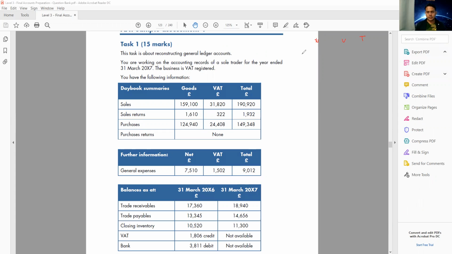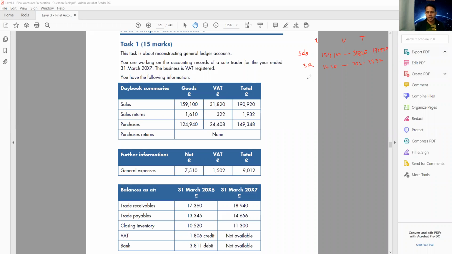Sales: 159,100, VAT 31,820, and the total is 190,920. Then you have a sales return, I'm writing SR. The net is 1,610, VAT is 322, and the total is 1,932.